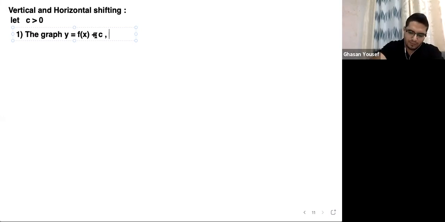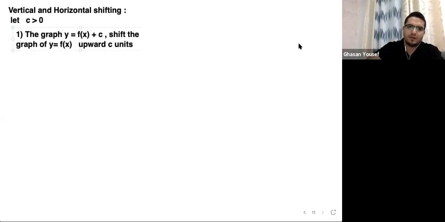We have to shift the graph of y equals f of x upward C units.